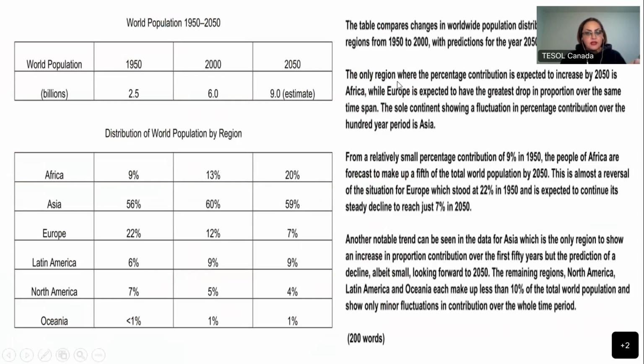Also, here is an example: the only region where the percentage contribution is expected to increase by 2050 is Africa, because it's 9%, 13%, and 20%. While Europe is expected to have the greatest drop in proportion over the same time span. It was 22% in Europe, then 12%, and in 2050, 7%.